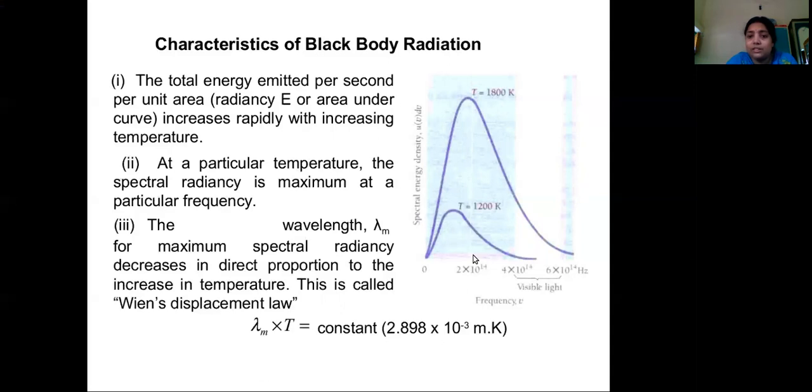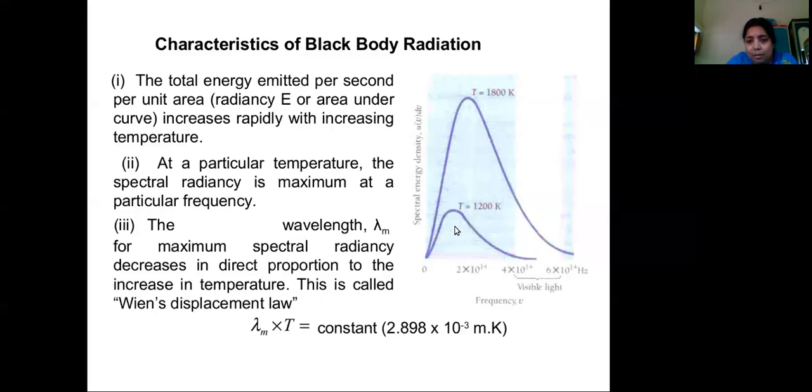For some wavelengths the energy density is higher, for some it is less. At a particular wavelength lambda m, we get the maximum energy density. Look at these two pictures. Here it is at T equal to 1200 Kelvin, and this is for T equal to 1800 Kelvin.